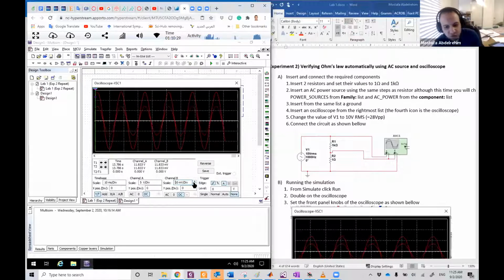So you decrease the voltage per division, the signal will look larger. Okay. So you have the first one here. The bigger one is actually the voltage on R1, and the smaller one is the voltage across R2 or RB, whatever you call it, which is 1 ohm. So this is actually a current also, can be considered as a current. Okay.